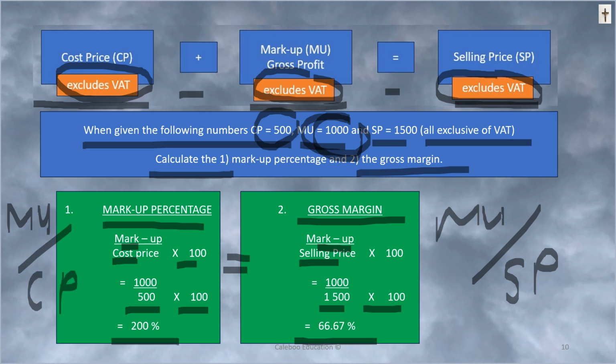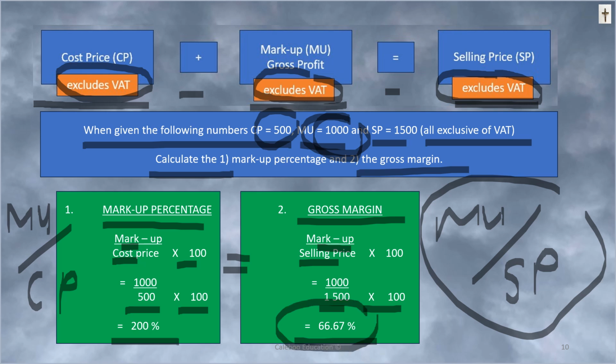I've often thought when they say the markup is 50%, they never tell you if the markup is on the selling price or the markup on the cost price. There's quite a difference here, because the markup on the selling price, even though the amount of 1,000 is the same, the percentage is much smaller than the markup on the cost price.